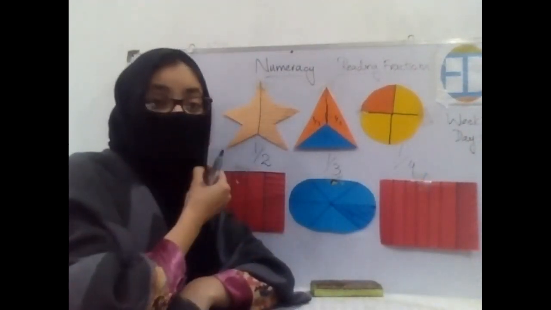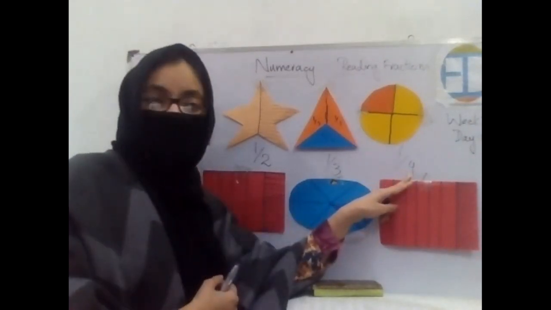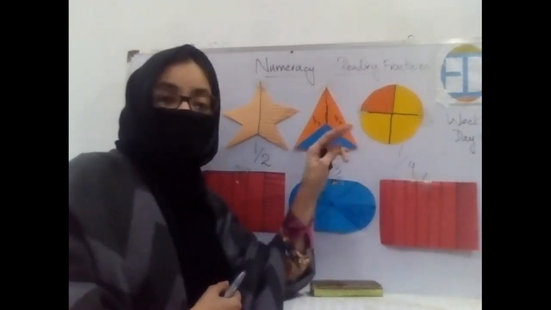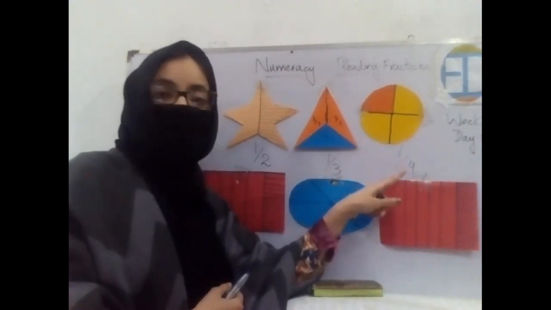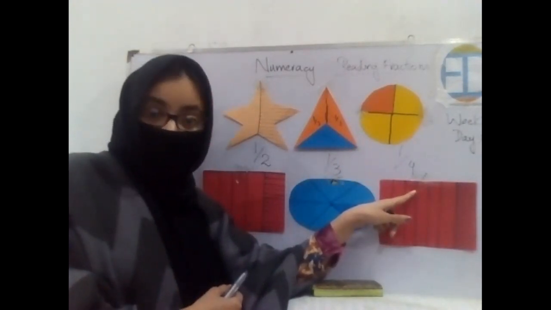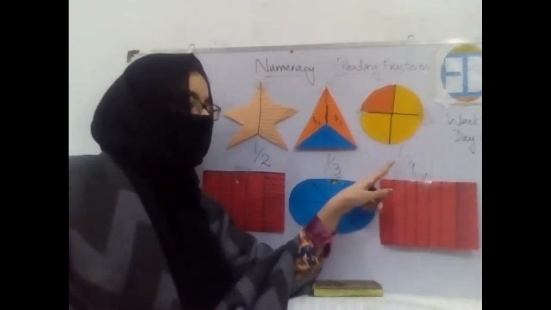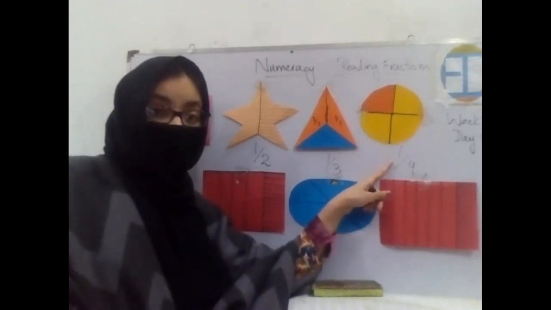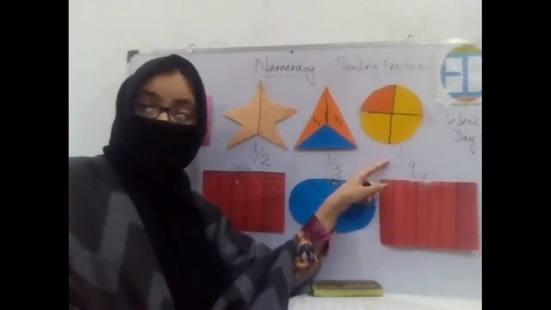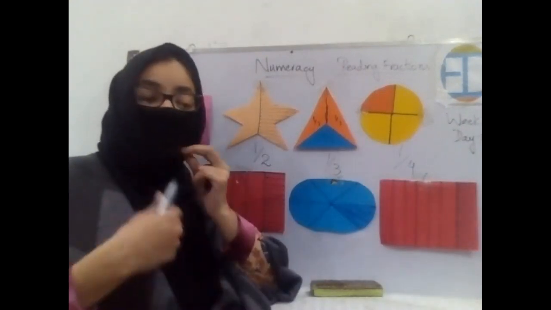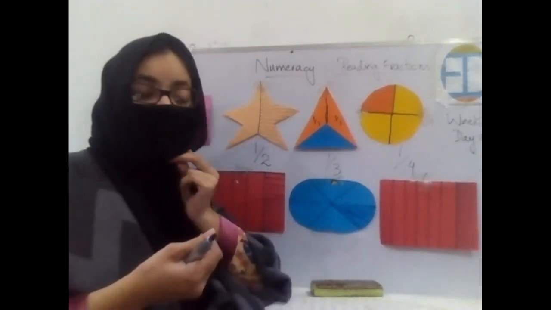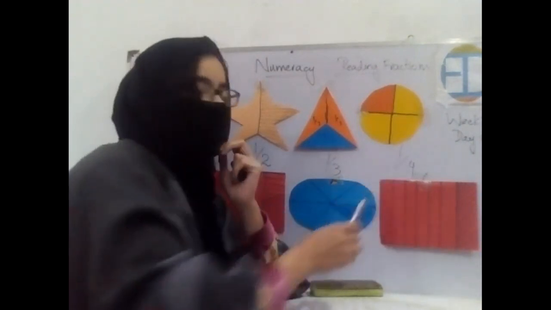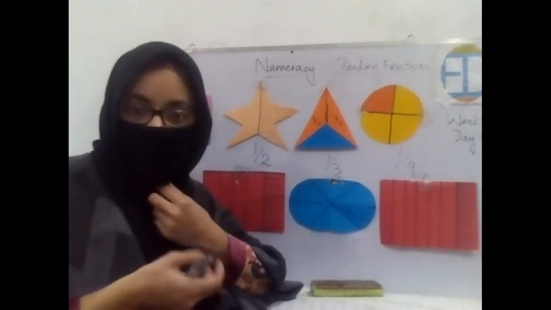Now tell me, what is the ordinal number name for number 4? It's fourth. So we will call it 1 fourth. Got it? And the other ways are 1 by 4, 1 over 4, 1 upon 4. And there is this general name which we use for this fraction, which is 1 quarter.